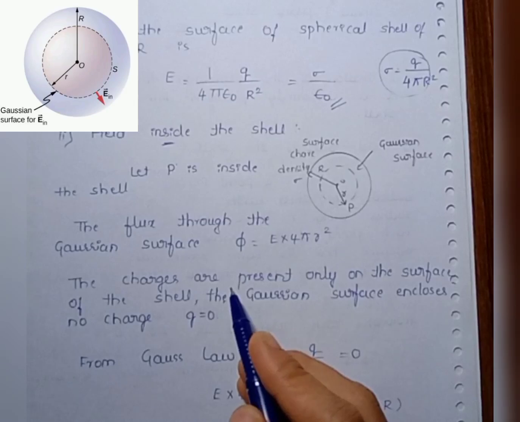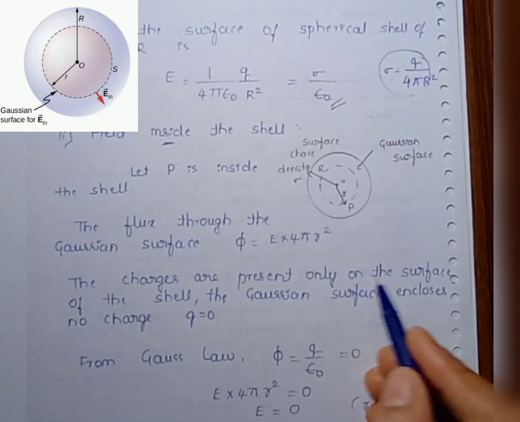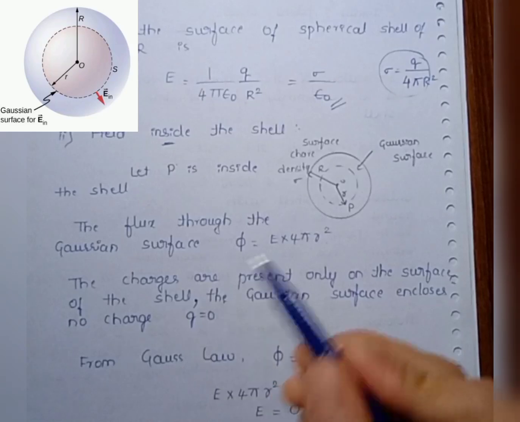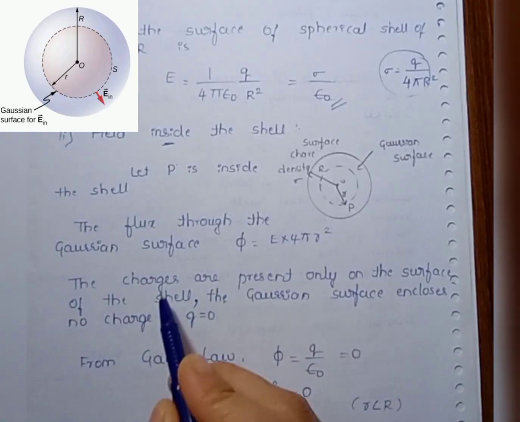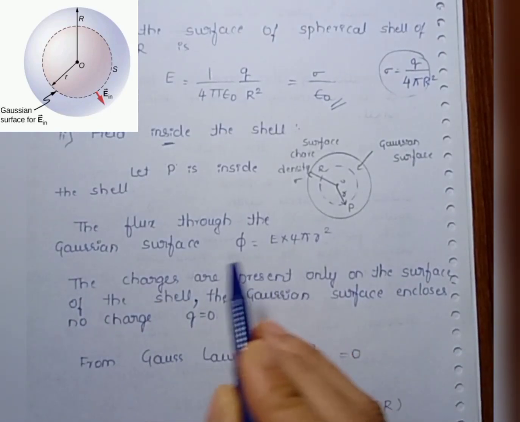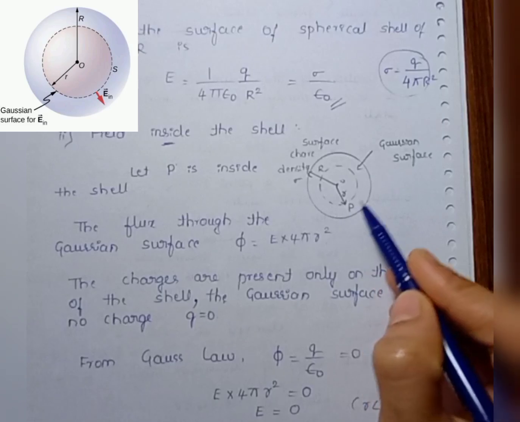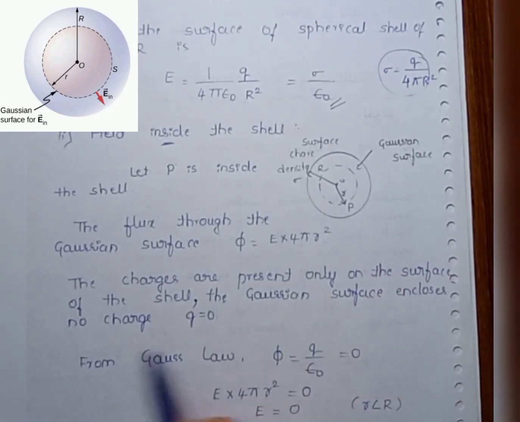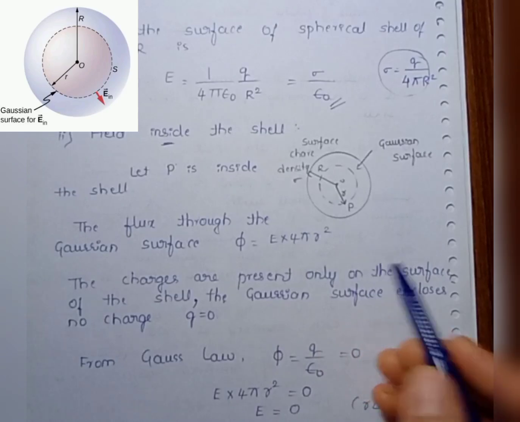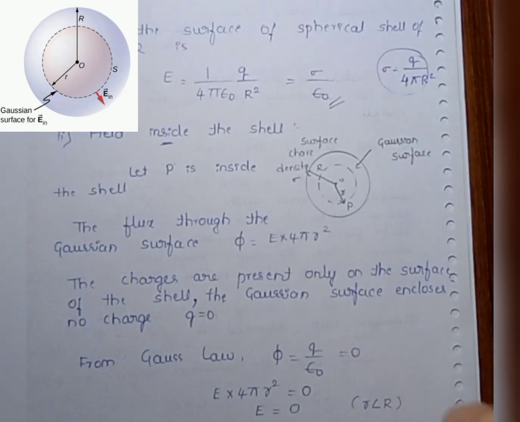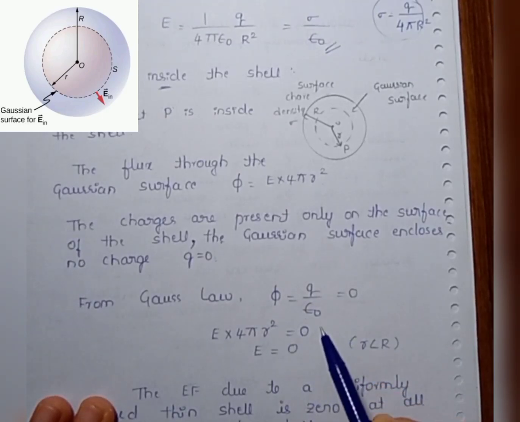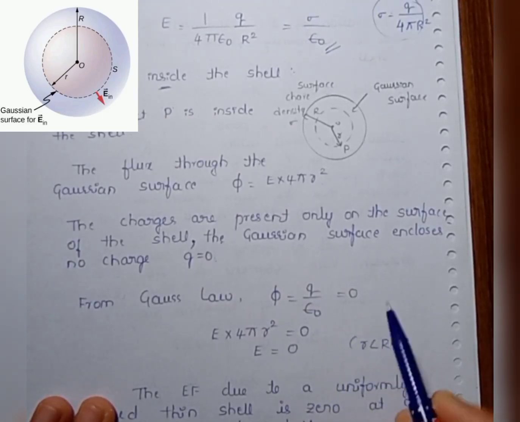The charges are present only on the surface of the shell. Inside the shell, the Gaussian surface encloses no charge. There are no charges inside the Gaussian surface. Then from Gauss law, phi is equal to q divided by epsilon naught, which is equal to 0.